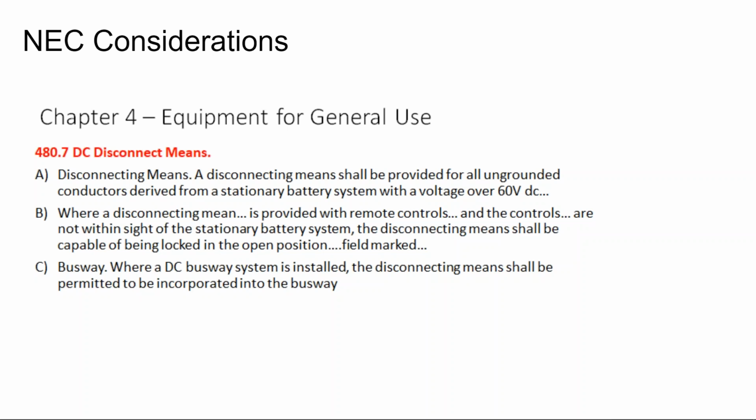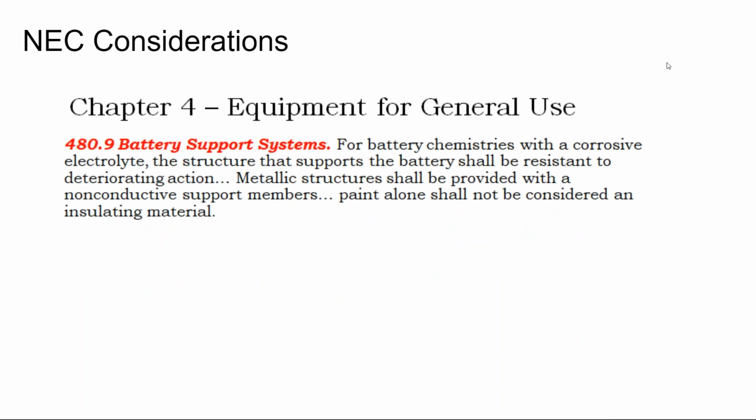Similarly, you need to have a lockable disconnecting means when the disconnect switch is not within line of sight of the battery bank. There'll be a couple of more disconnect rules we'll get into.